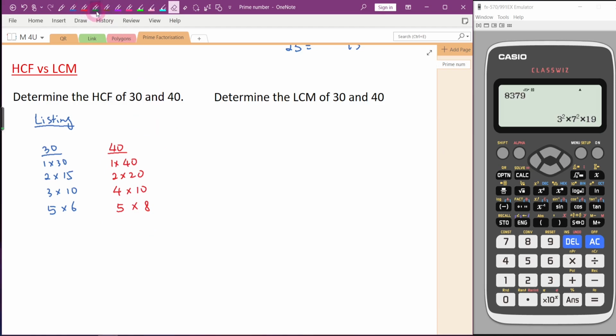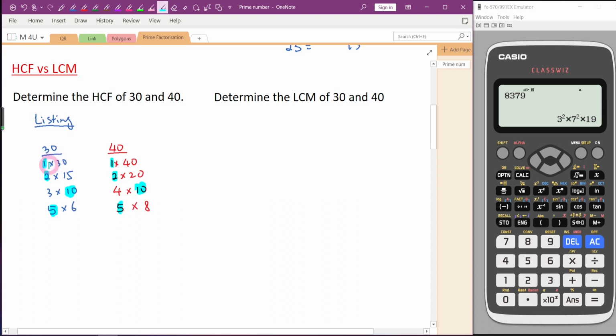So what is the highest common factor? It is the largest common factor, yes. When we just talk about common factors, these are all the common factors. It means that 1, 2, 5, 10 are the factors of 40 and also the factors of 30.